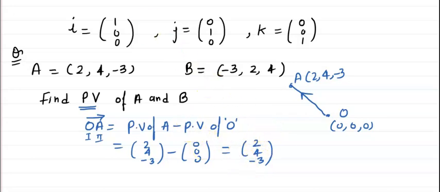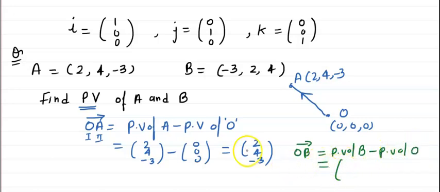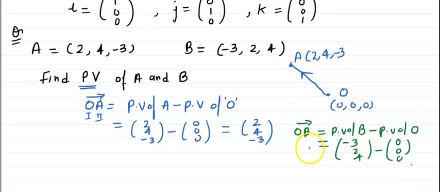Similarly, if you need to find position vector of OB, it will be position vector of B minus position vector of O. Position vector of B is -3, 2 and 4. Position vector of origin is 0, 0 and 0. So -3 minus 0 is -3, then 2, and 4.